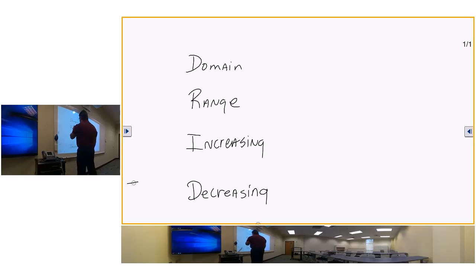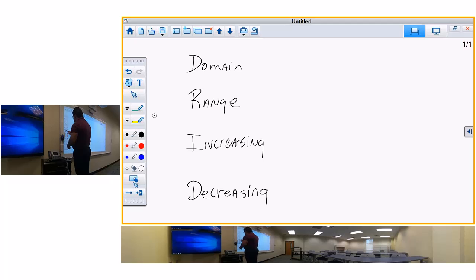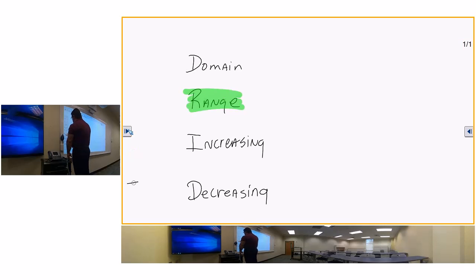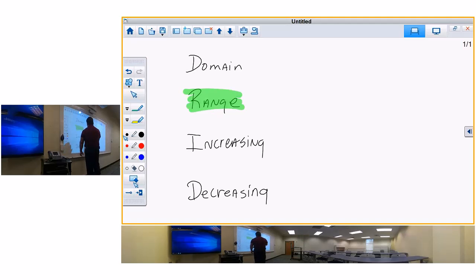There's only one aspect up here, or one item up here, that is in terms of the y-axis. And which one is that? Well, if you watch my videos, I go over that. And it is the range. This is the only one. The only. I'll say that 5,000 times and somebody will still mess it up.